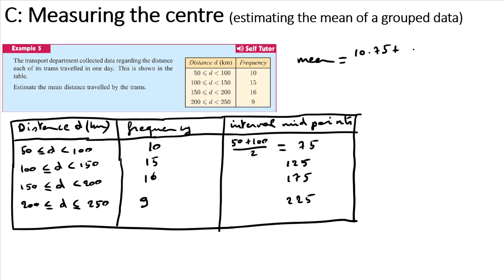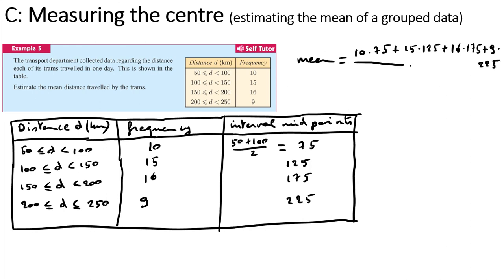Then 15 trams traveled between 100 and 150, so we take the middle, 125. Plus 16 trams traveled between 150 and 200, so we take the middle, 175. Plus 9 trams traveled between 200 and 250, so we do 9 times the middle, which is 225.